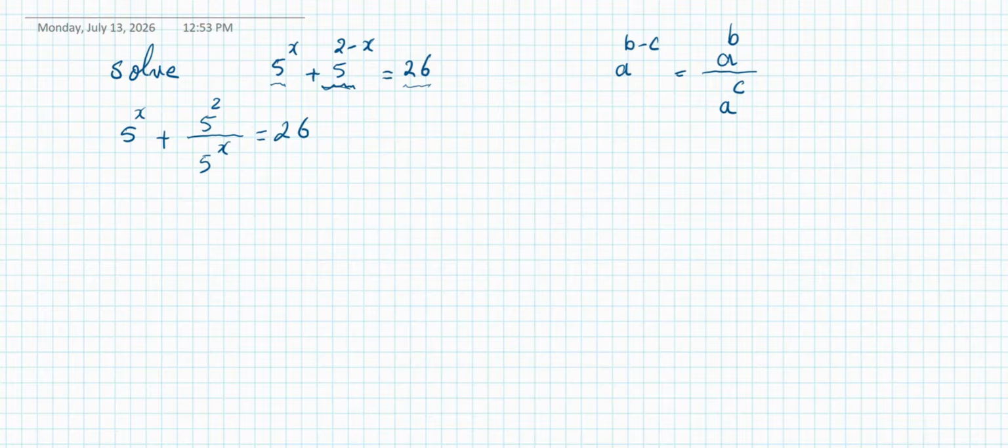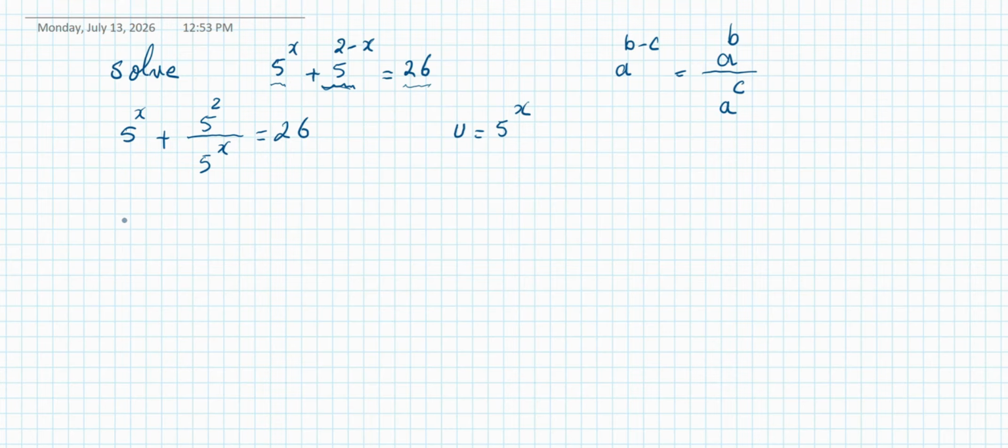Now, to solve this kind of equation, we use substitution. So we assume that u is equal to 5 to the power of x.